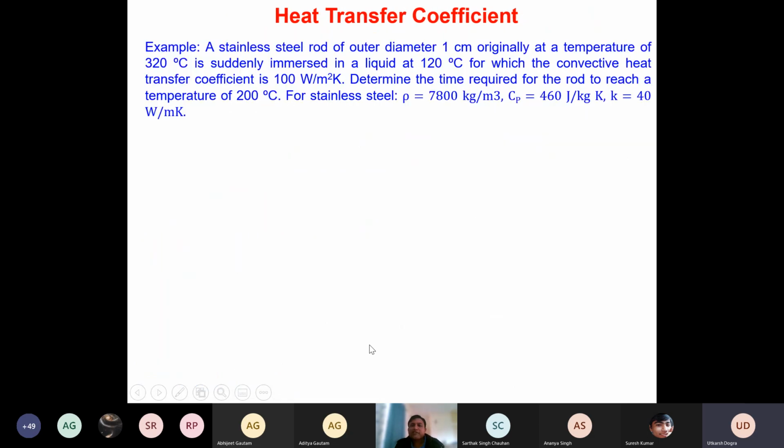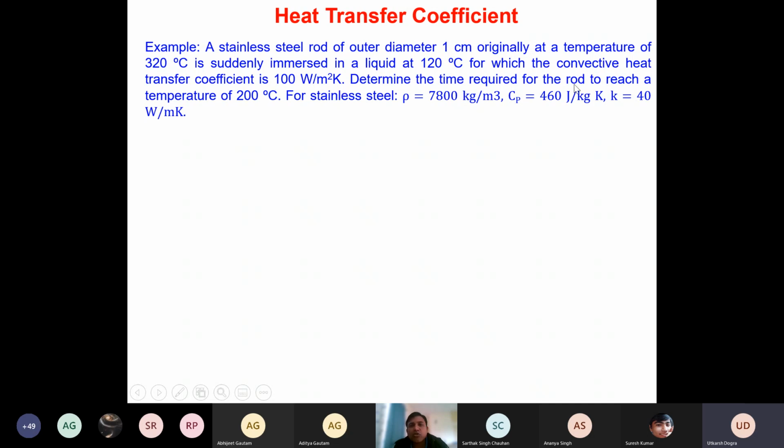Okay, so let's look at one example and conclude today's class. A stainless steel rod of outer diameter 1 centimeter, at a temperature of 320 degrees Celsius, is suddenly immersed in a liquid of 120 degrees Celsius, for which the convective heat transfer coefficient is 100 watt per meter square Kelvin.